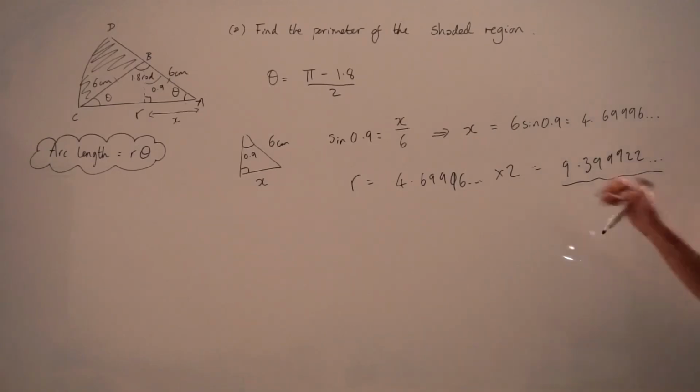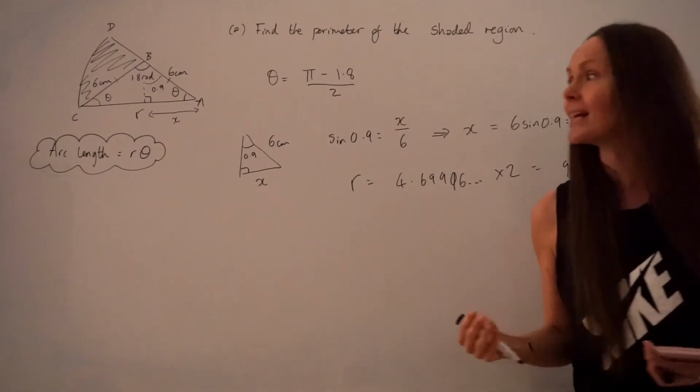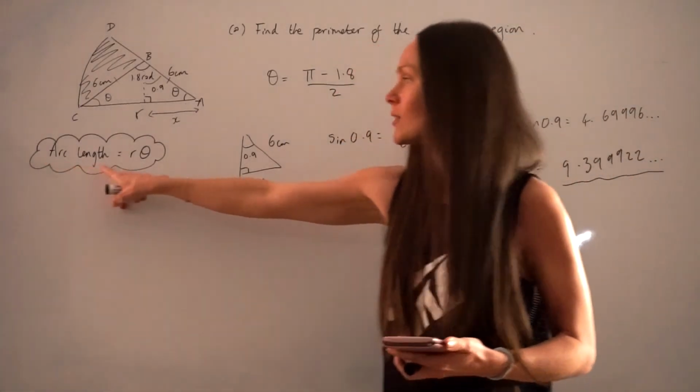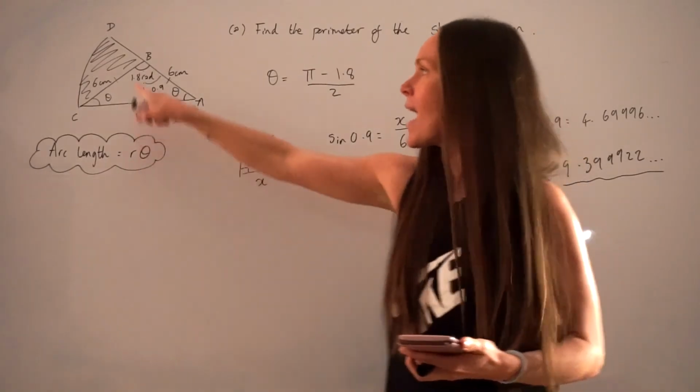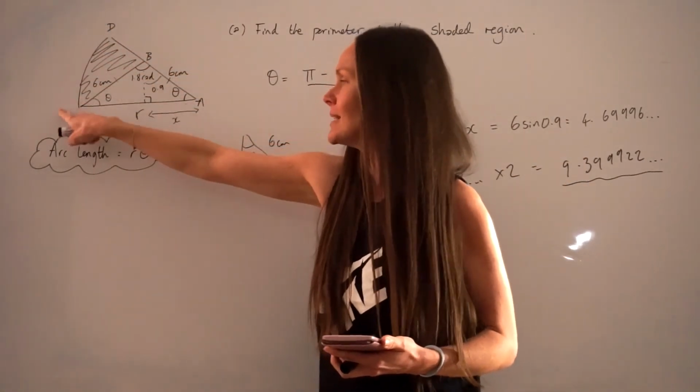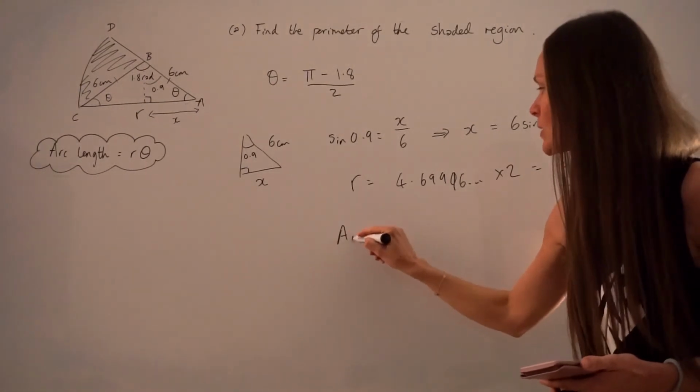So now that we've got the angle of the sector and the radius of the sector, we can calculate the arc length. Remember, arc length of a sector is the radius multiplied by the angle, okay? And then we will be given the length CD. So next, that's what we're going to do.